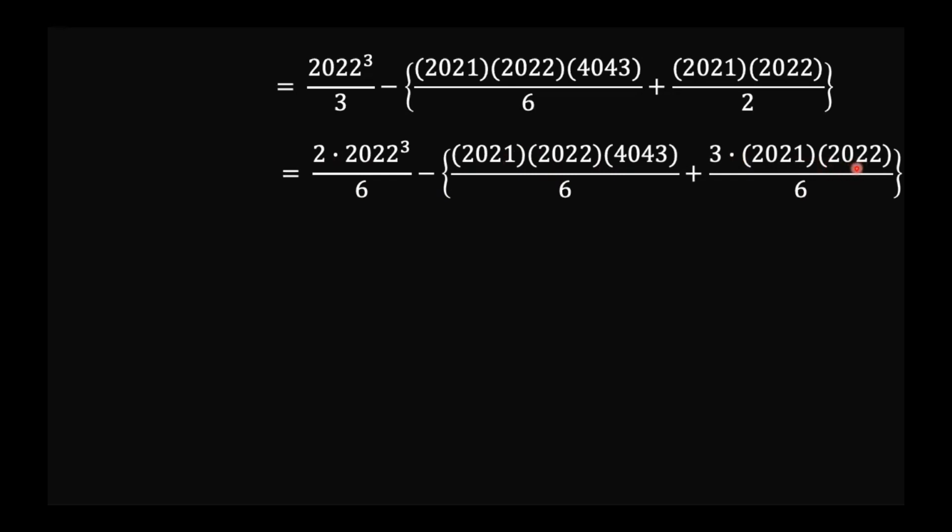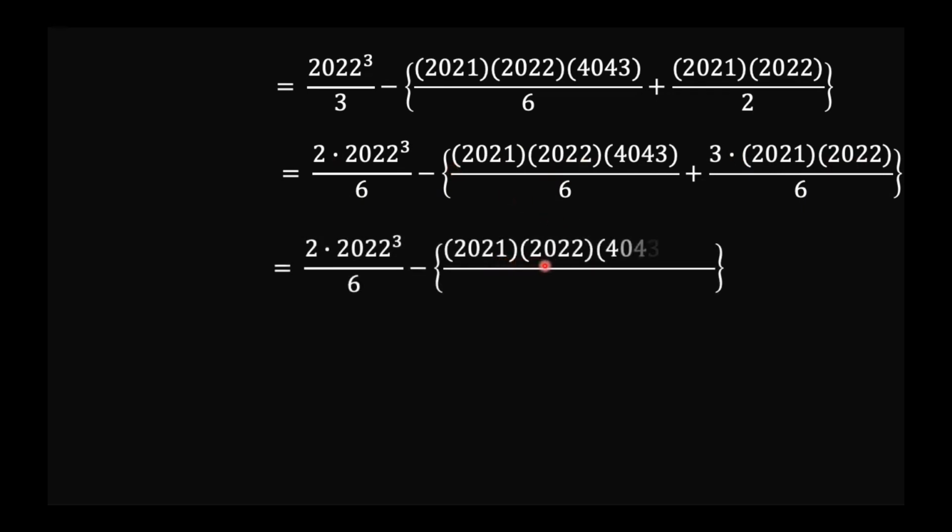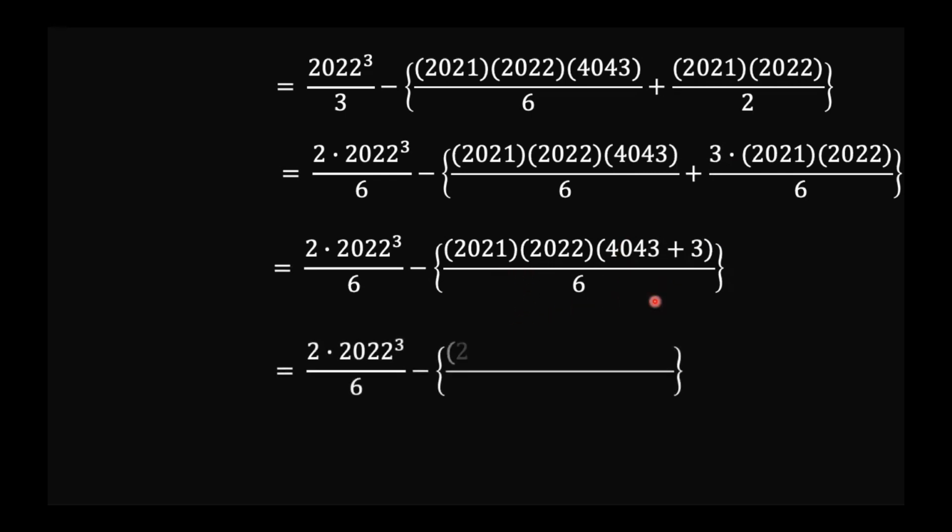Now you can see that these two values are common, so we can factor that out. In the bracket we have 2021 times 2022 times (4043 plus 3), which becomes 2021 times 2022 times 4046 over 6.